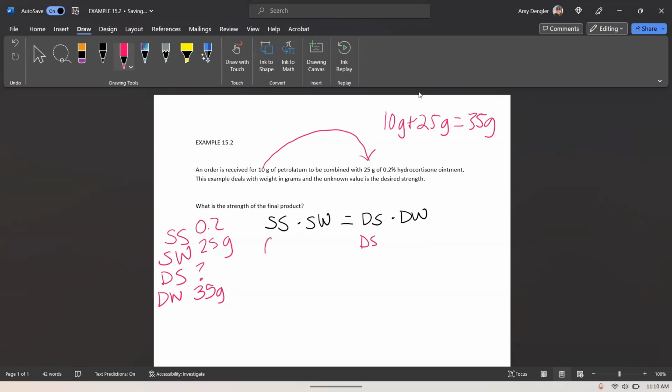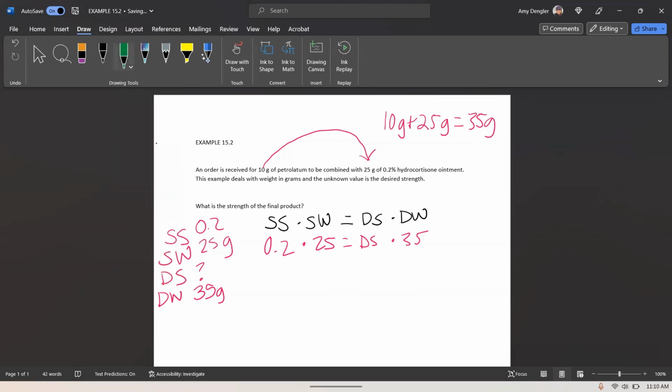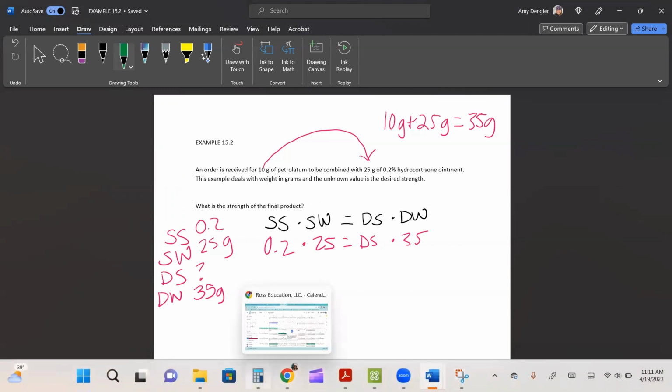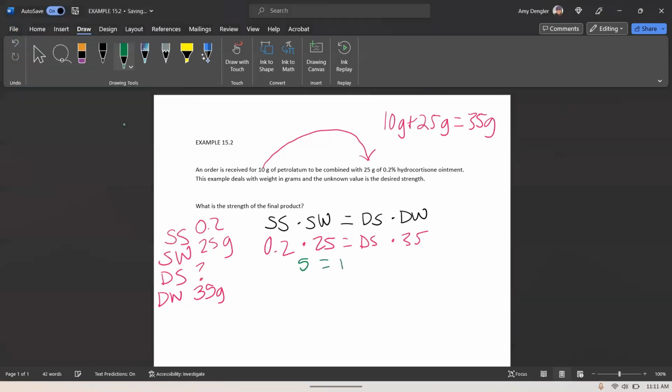All right, so I'm just going to plug this in. 0.2 times 25 is equal to DS times 35. Now, this is the opposite side of the previous problem, but it's still the same. First, we want to take care of the multiplication. So we're going to do 0.2 times 25, which is 5. So now I'm going to just rewrite 5 equals DS times 35.